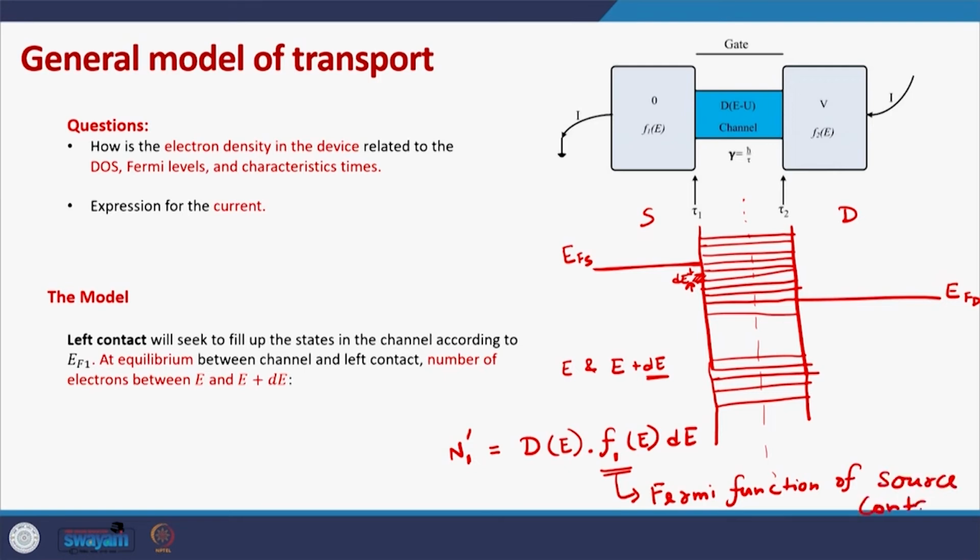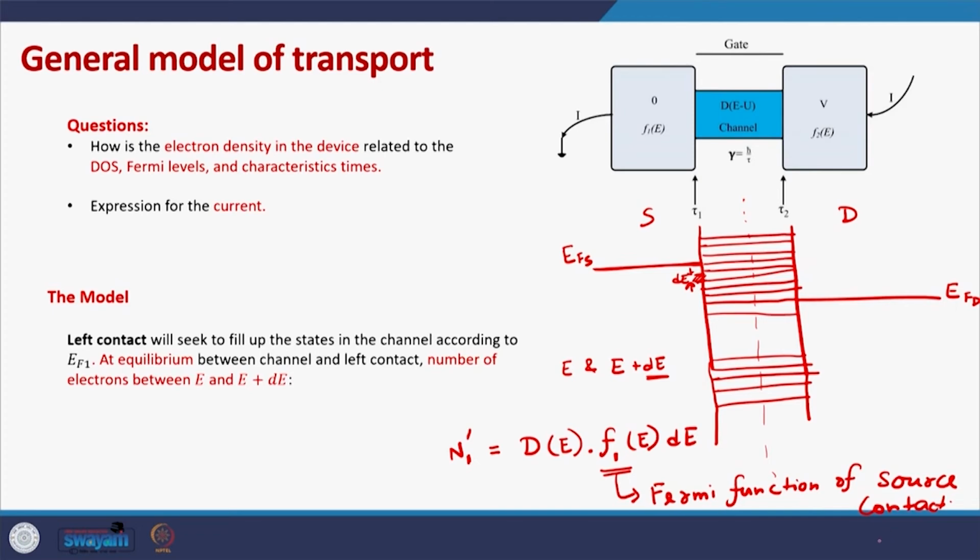So, it is as if the source contact is trying to fill all electronic states according to its Fermi function. Okay. So, that is in other terms the state of equilibrium between the source and the channel.